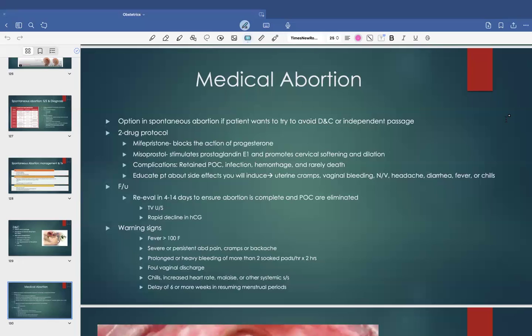A foul-smelling vaginal discharge. Not a good sign, possible infection. Chills, increased heart rate, malaise, or other systemic signs and symptoms.